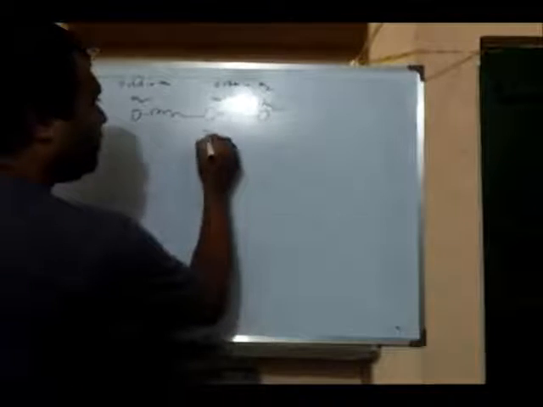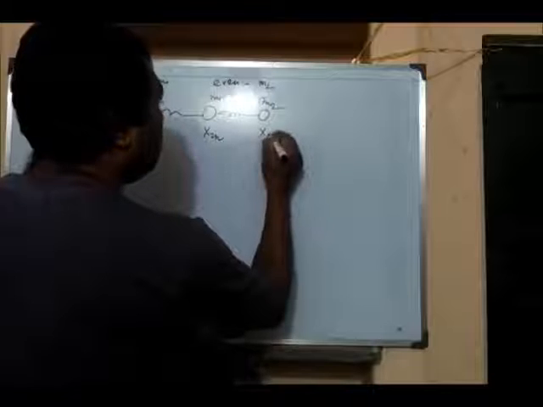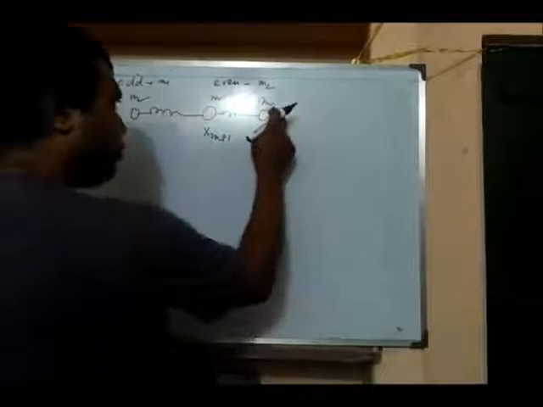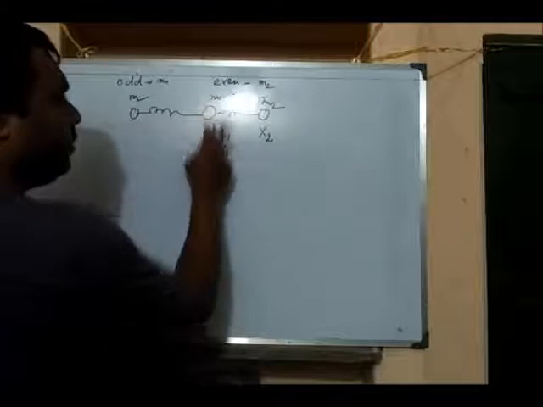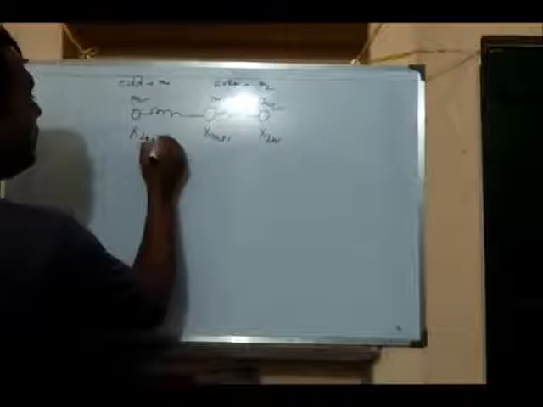Now these lattice points have a displacement from equilibrium position. This M1 atom is at 2n+1, this M2 is at 2n, and this is x2n+2. So this is the situation when you consider this odd atom present here.